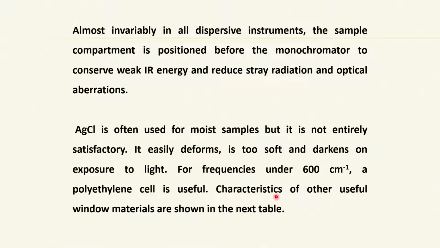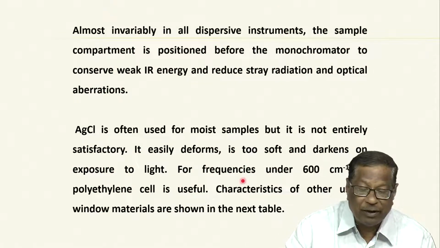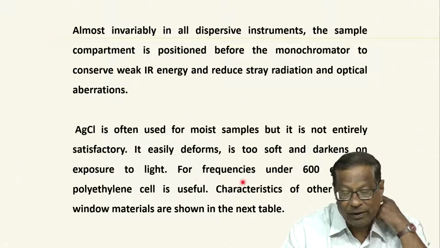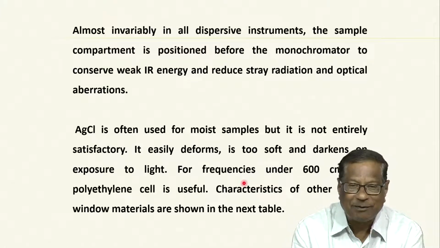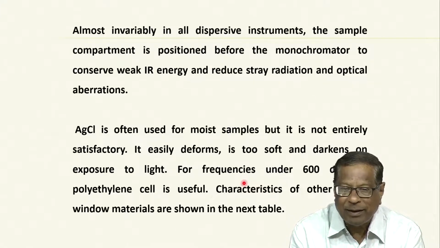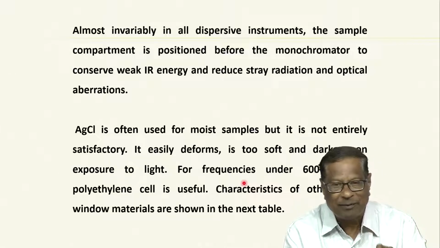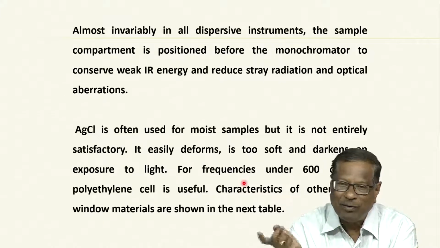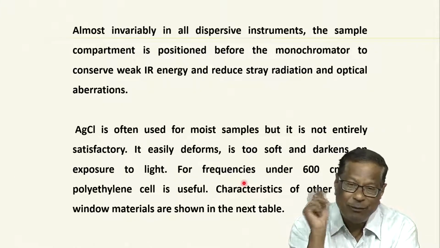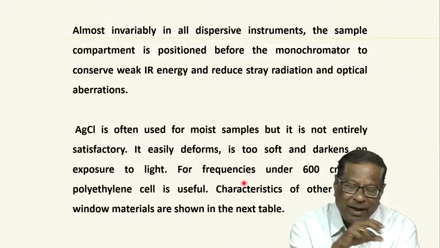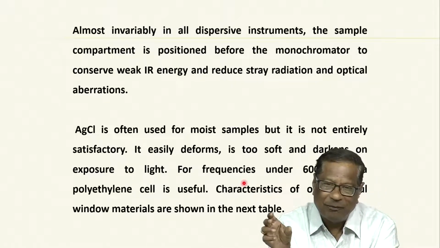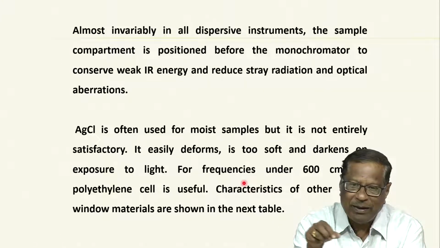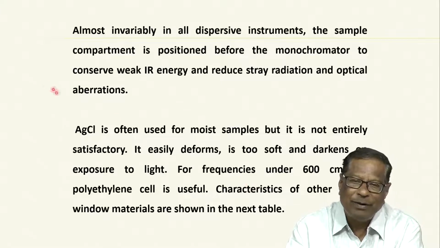Now, almost invariably in all dispersive instruments, the sample compartment is positioned before the monochromator. In spectrophotometers, first we choose the wavelength and then put the sample compartment, so that the desired wavelength can be passed through the sample. But in infrared, first I pass all the infrared radiation through the sample, then go for wavelength selection.